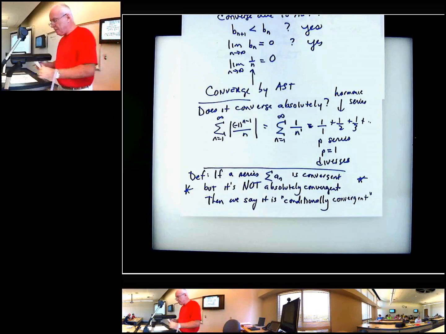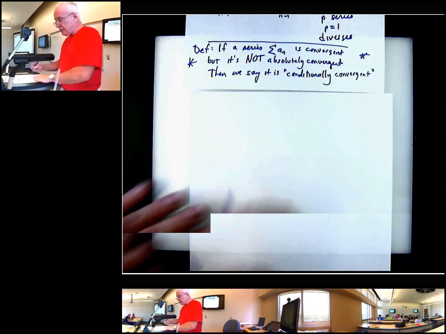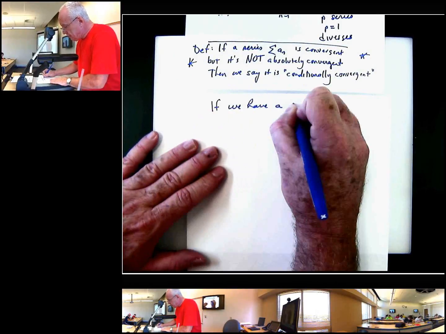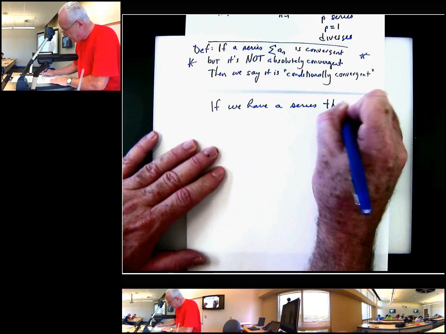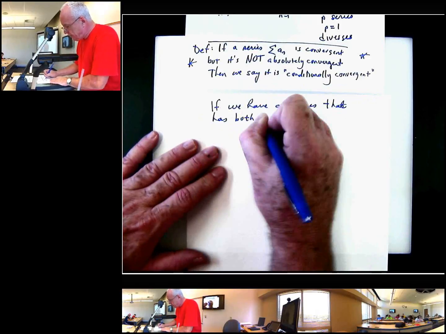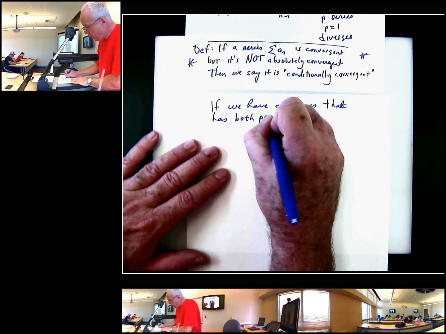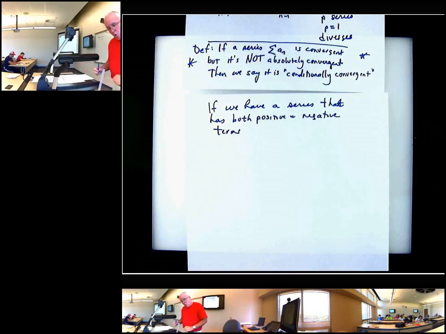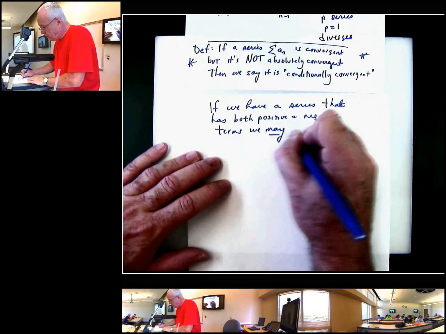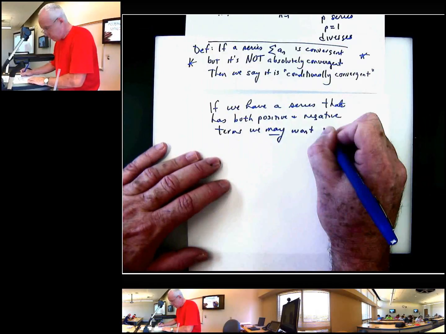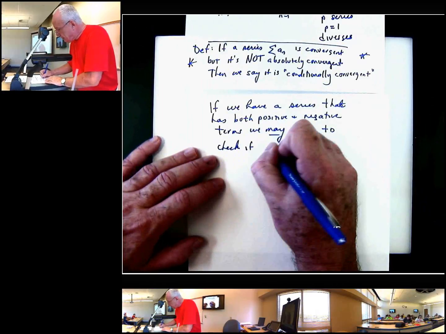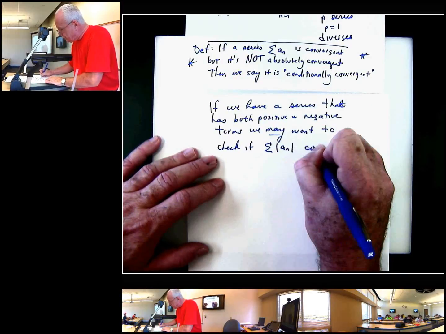So what I was going to say here, and then we'll take a break: if we have a series that has both positive and negative terms, we may want to check if the summation of the absolute values converges.